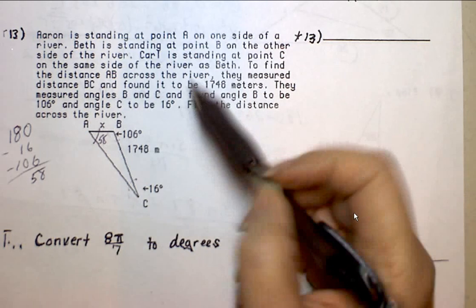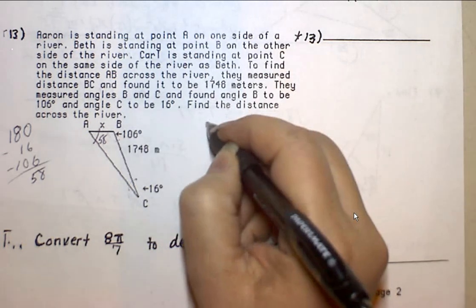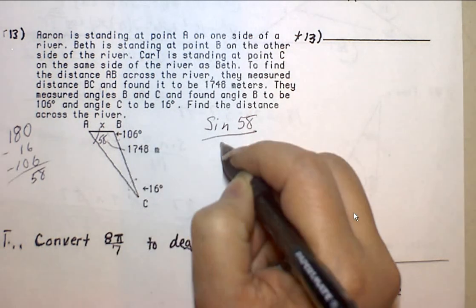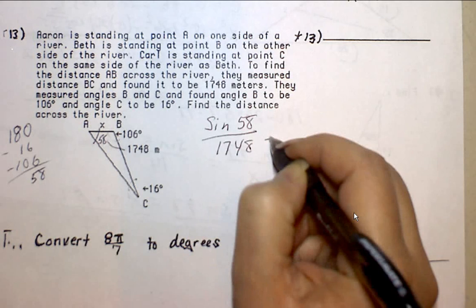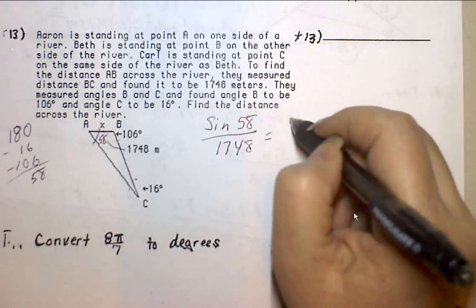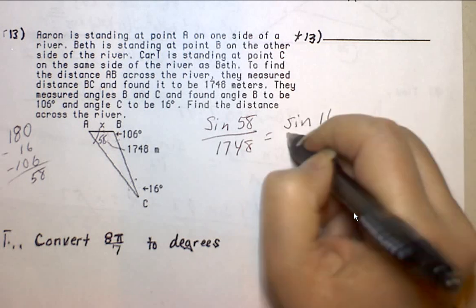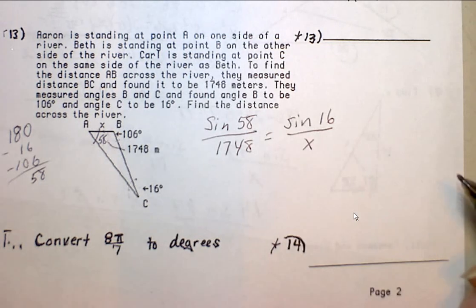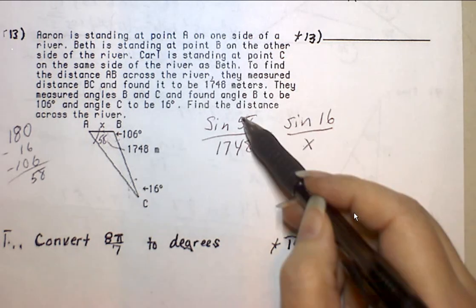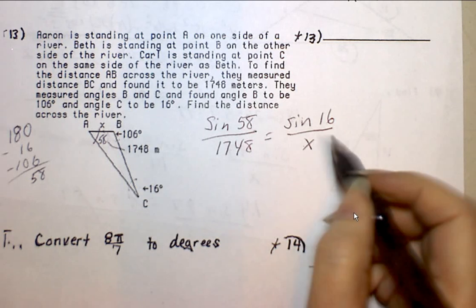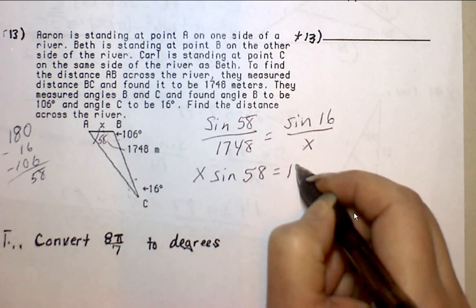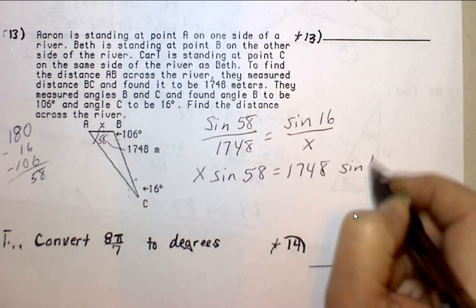So now I can definitely use the law of sine. So I have sine of 58 over the opposite one straight across, which is 1748, is equal to, and the x is straight across from 16, so I have to use that one. So I have sine of 16 over x. Since we have a fraction on both sides, I like to cross multiply. So x sine of 58 is equal to 1748 sine of 16.